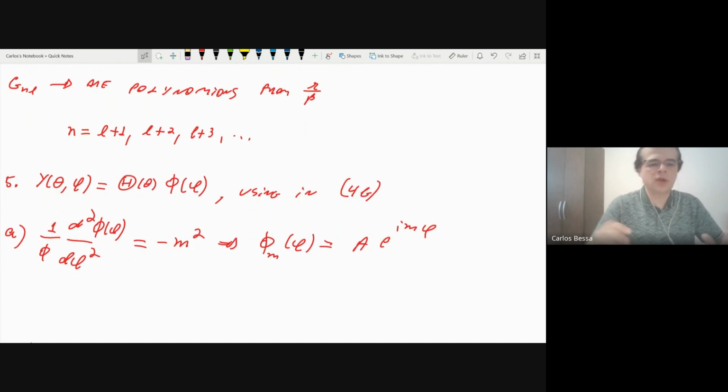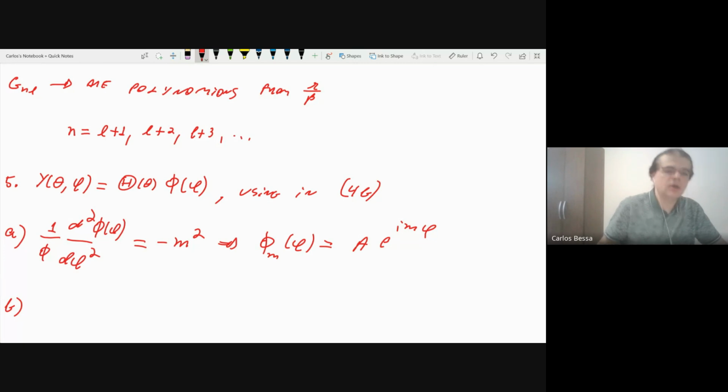I think k would be better, but because the book uses m, I keep it, but this m in the book is not the mass. So in the Nielsen-Schwenk book, I choose the same solution. That's the part that's important for us, the angular part.